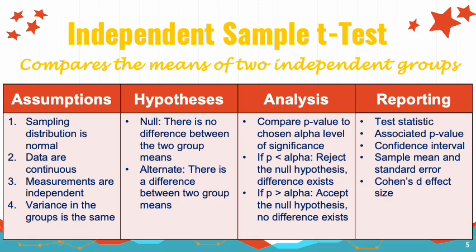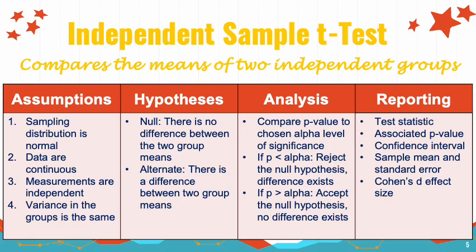If the p-value is smaller than our chosen alpha level of significance, we will reject the null hypothesis and say that there is a difference between the two group means. If the p-value is larger than our alpha level of significance, we will accept the null hypothesis and say there is no significant difference between the two group means.